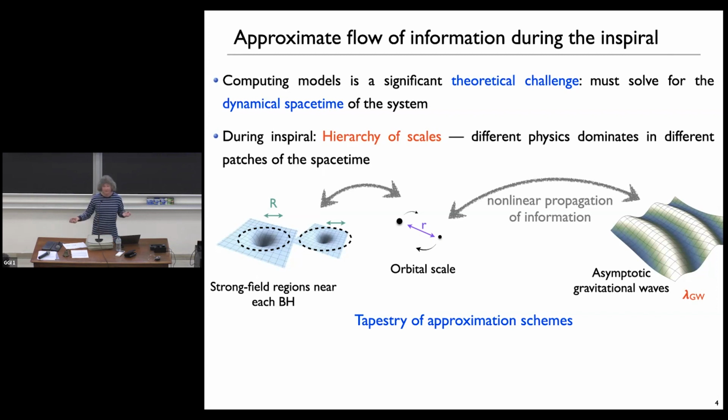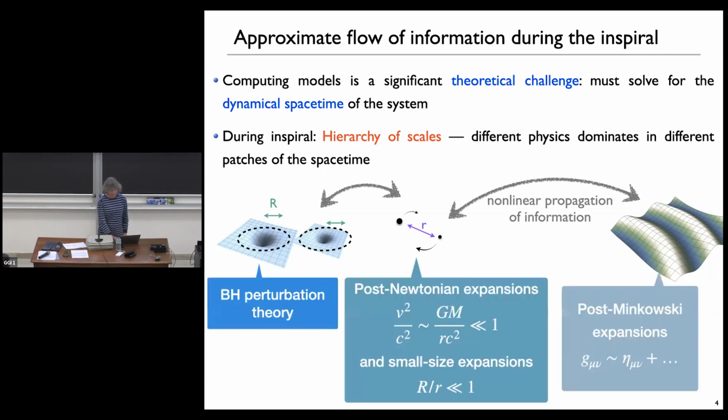But then on the orbital scale, the objects are very far separated. So the size of the orbit is much larger than the size of the objects. So basically for the regions near the objects, we use black hole perturbation theory. Then at the orbital scale, for the orbital dynamics, we have post-Newtonian expansions, which assume small gravitational interaction and small velocities for a gravitationally bound system.